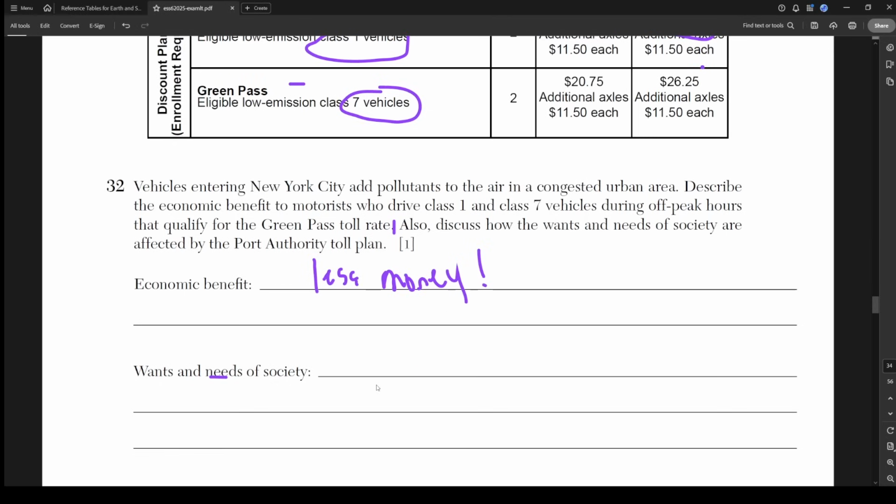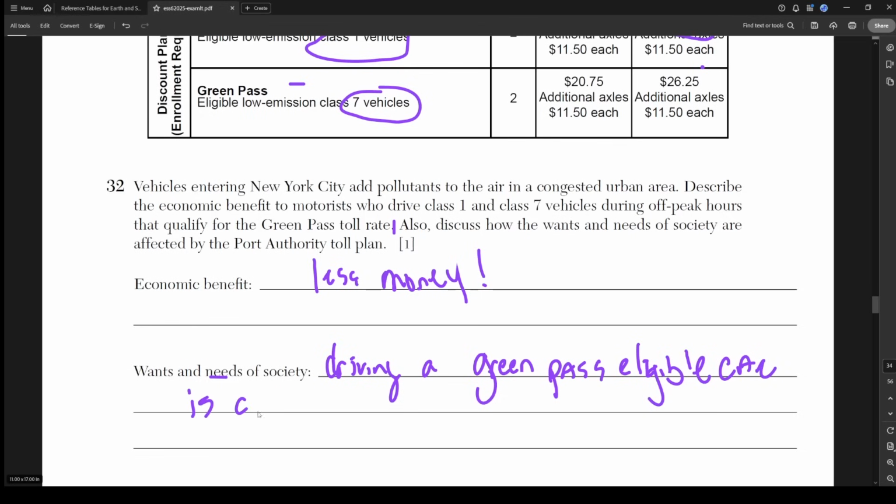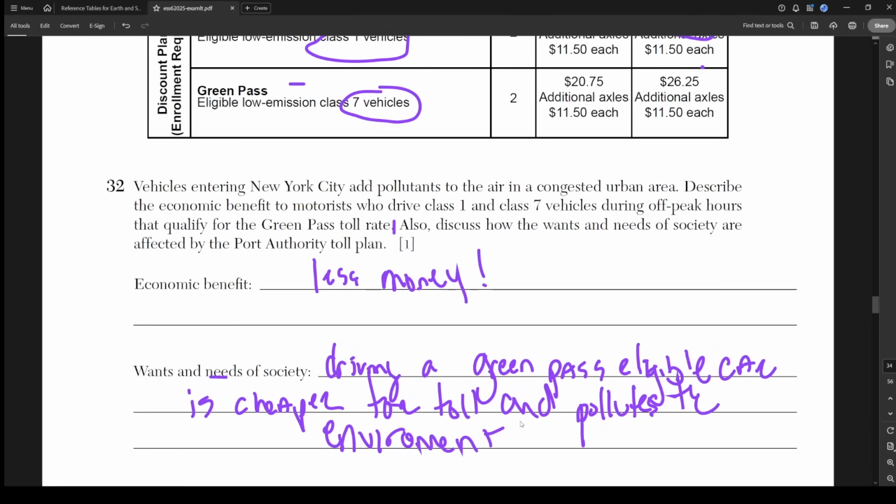So you could say something about driving an electric, or we could just say driving a Green Pass eligible car is cheaper for the toll and pollutes the environment less. That's it.